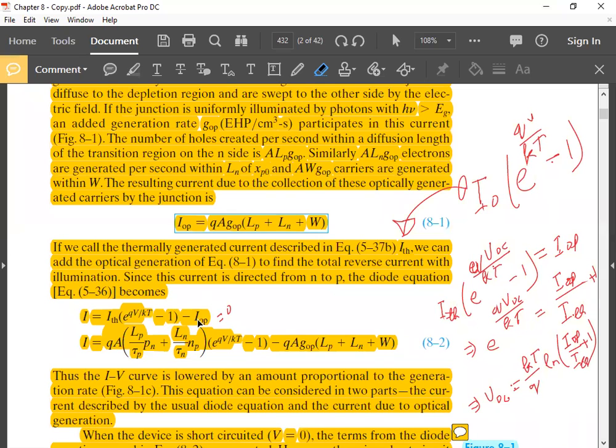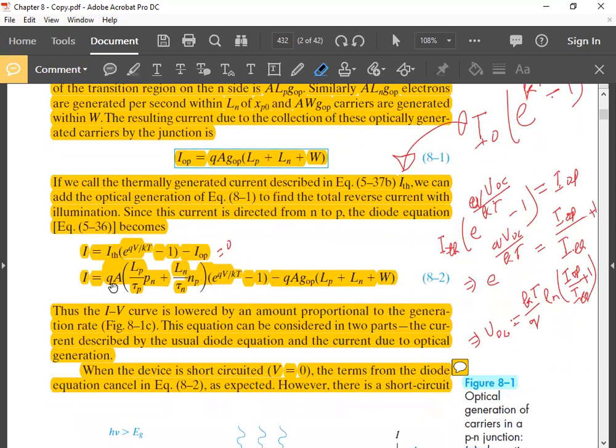That's why this I op and this drift current have the same direction, so both are negative, both are minus. So this I thermal is this and this IOP is this, so we get this equation. This is the current equation for an illuminated junction, a junction which has been illuminated by light.